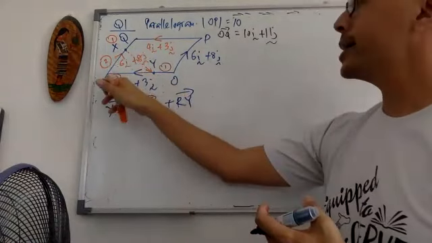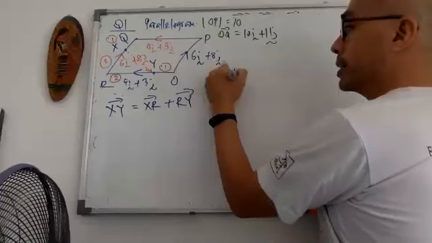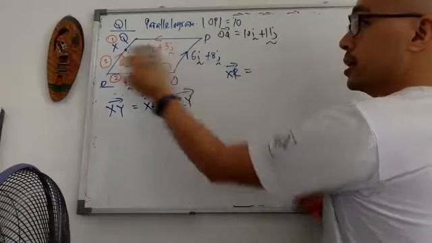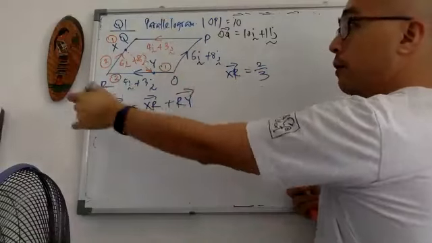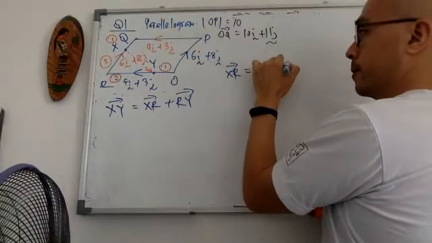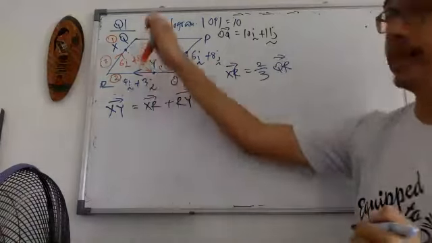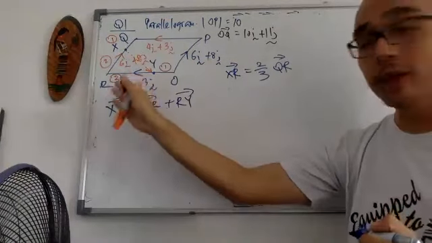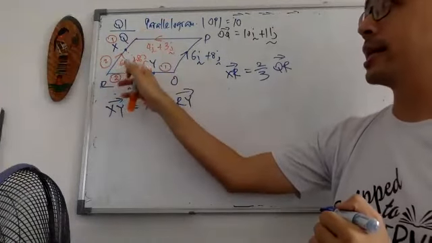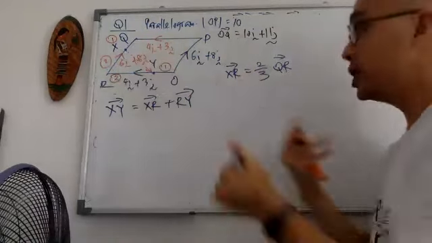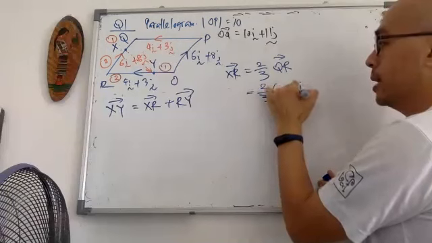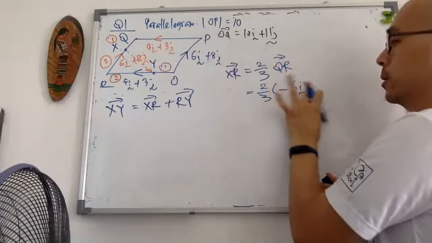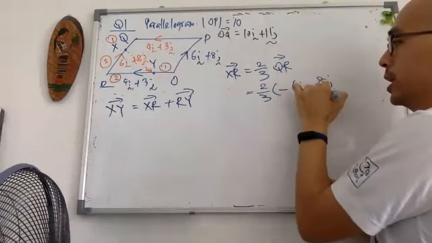So XR is 2 parts, 2 over 3 of QR, from Q to R. But you're given that R to Q is 6i plus 8j. So change it the other way, it will be 2 over 3 of negative 6i minus 8j.